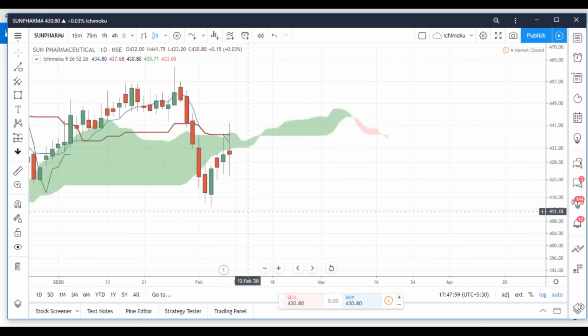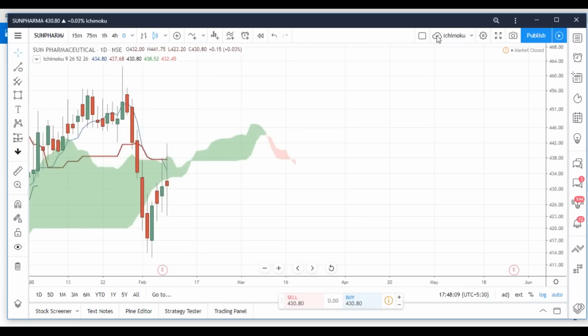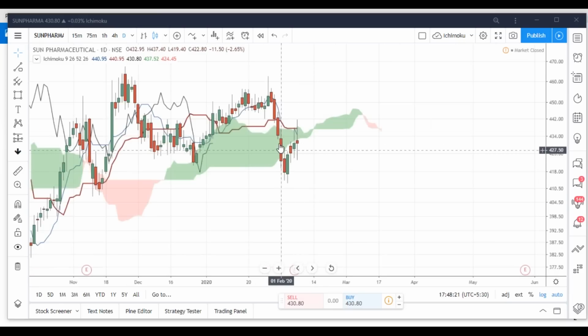Now what is happening right now? Price broke the cloud and is taking resistance at the cloud. So below this candle's low is a short entry. Remember this level for the future. Below 423 is a short entry because price is below the cloud.